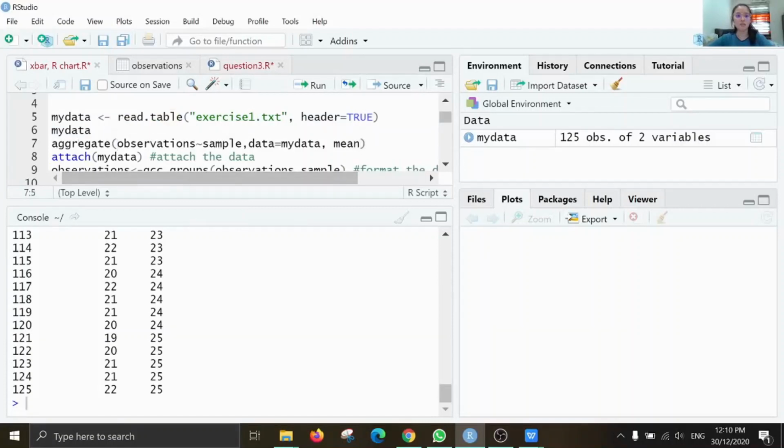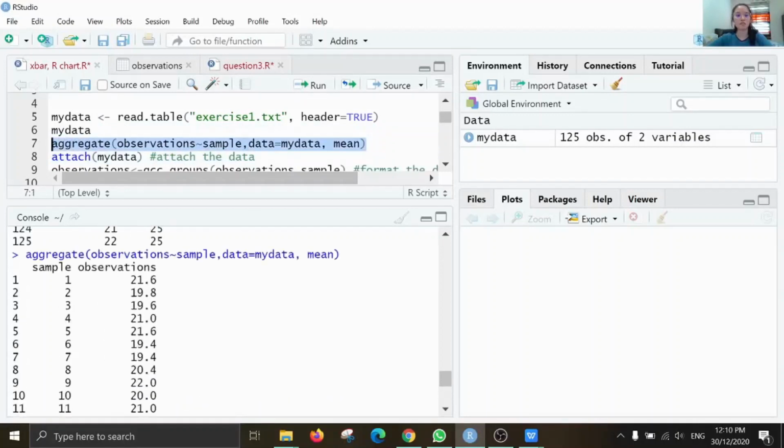So I use the function aggregate, which means the observations versus the sample. Then for each sample, we find the average ohms, and the data is obtained from my data that I assigned just now. And I run it.